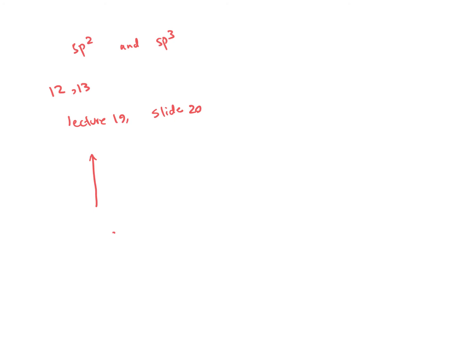So for sp3, when you have the atomic orbitals, you have 2s and then 2p, and this is in the context of carbon, but can be for other energy levels, 3s, 4s, and so on and so forth as well. But in general, you have 2 electrons in s orbital and then 2 electrons in p orbitals, and these are atomic orbitals, and here for carbon, and this is energy.